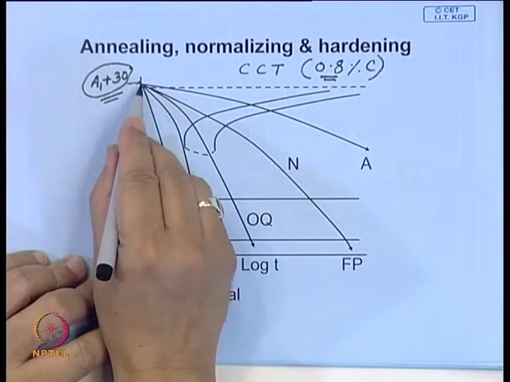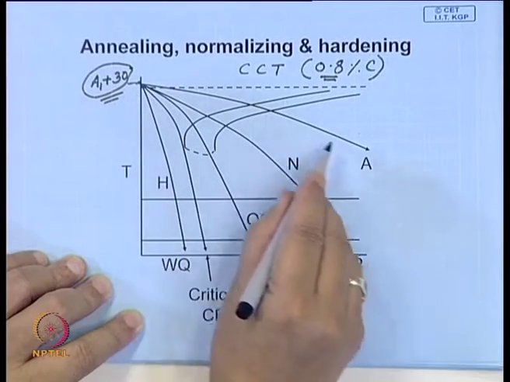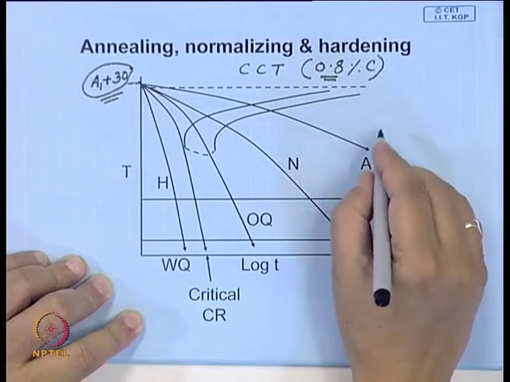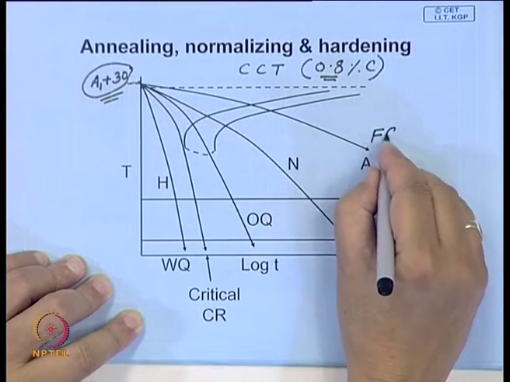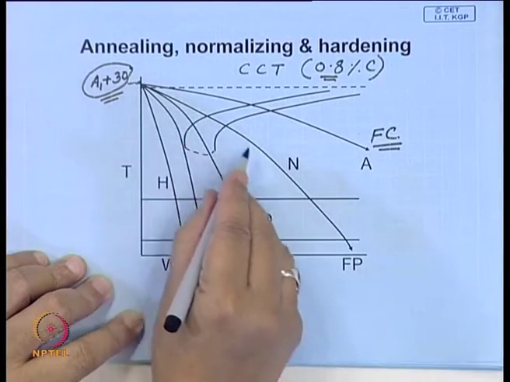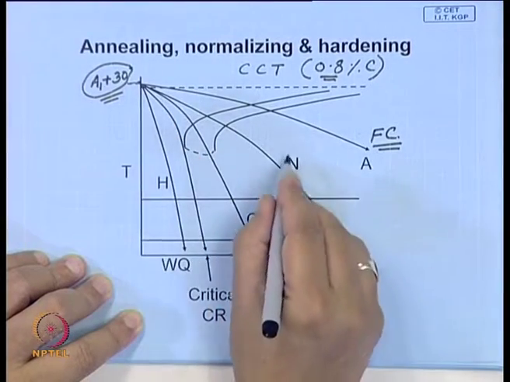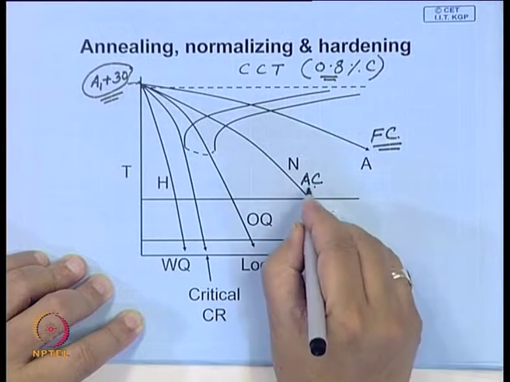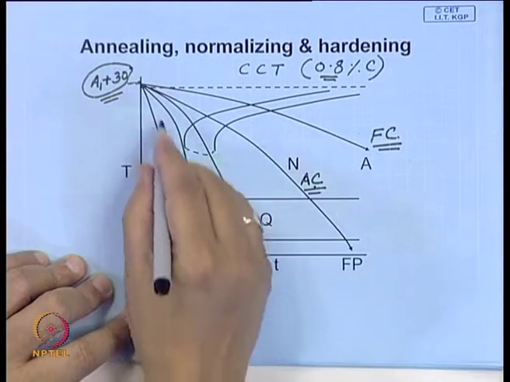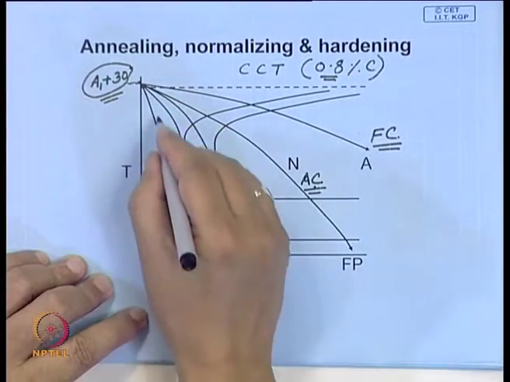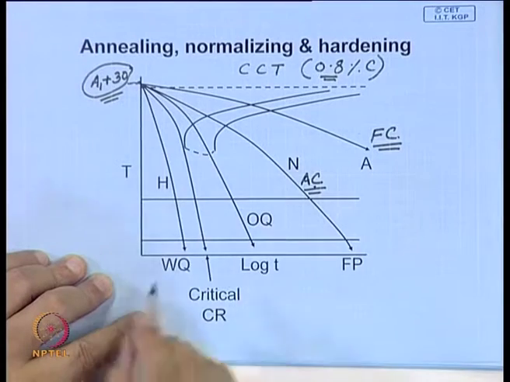And after that, if you are annealing, you cool in furnace, which is a very slow cooling, whereas in normalizing you take out the job and let it cool in air. To harden you water quench, and when you water quench, the cooling rate is very fast.